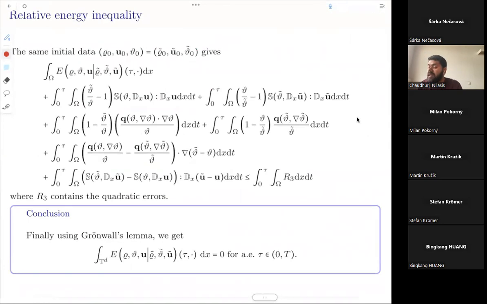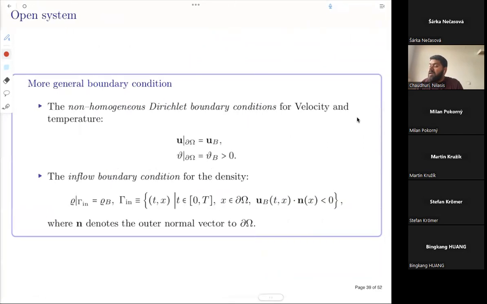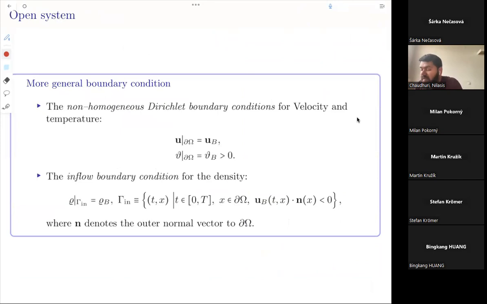The main idea is just to prove that for almost every time you have this particular integral bounded by a constant C. Then we use the convexity of the structure, and we are able to say our desired result: that rho is rho tilde and u is u tilde. And this ends the proof of our result on weak-strong uniqueness.